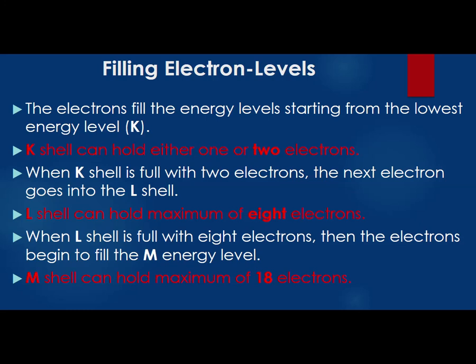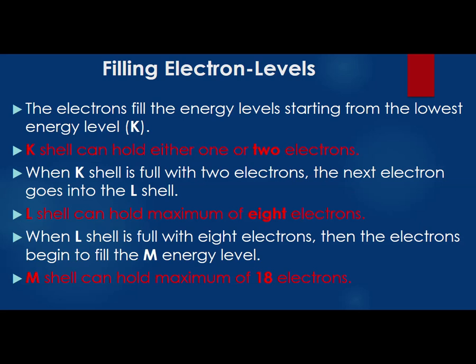As I told you, K holds just 2 electrons, so if there are any further electrons in some atom, in some element, then they will move to the next shell, that is the L shell, the second shell. The L shell can hold a maximum of 8 electrons.